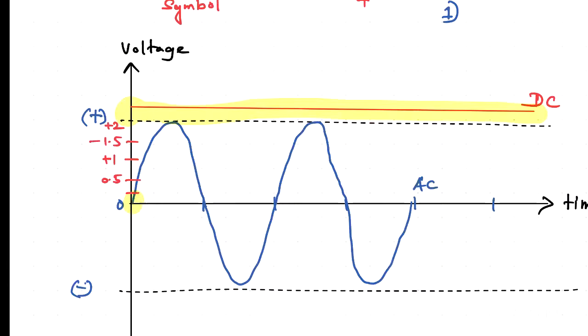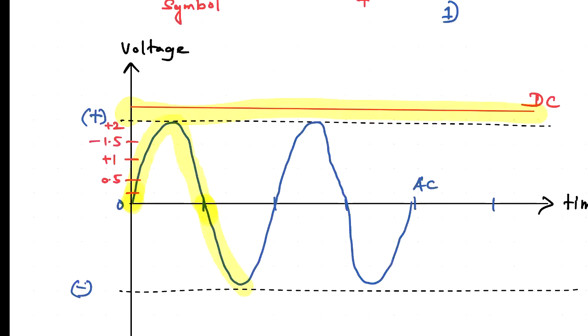Likewise, you can see that the current goes 0 to 0.5, 1, 1.5, 2. Then again the values change. Now in the negative direction, what will happen? You will have the same negative values: negative 0.5, negative 1, negative 1.5, and negative 2.